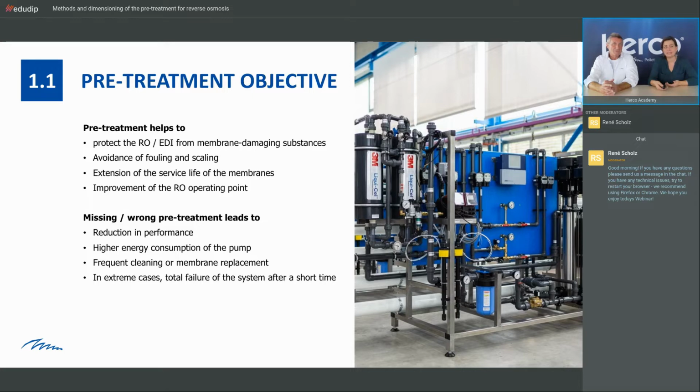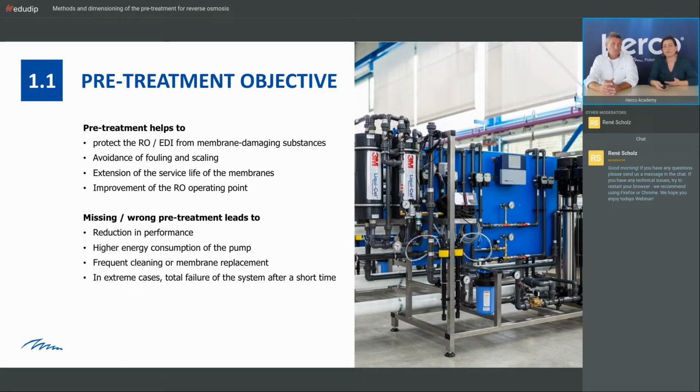Of course, in the end, this is to extend the service life of the membranes, because we don't want to exchange the membranes every second year, obviously. And we want to improve the RO operation point. Let's say you have a lot of scaling in there, you will have a higher pressure loss, obviously. Yes. So you will need more energy, or you will have some loss of permeate flow, right?